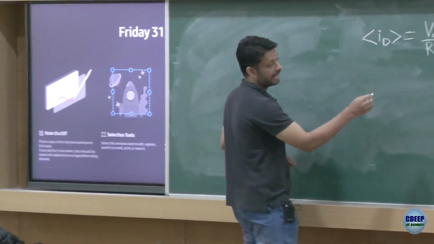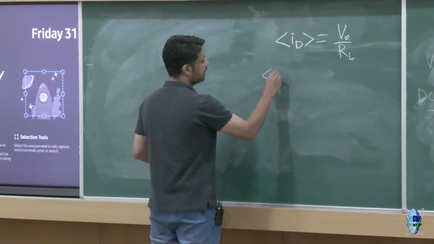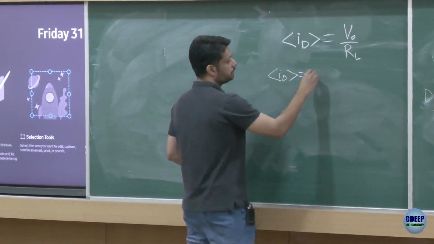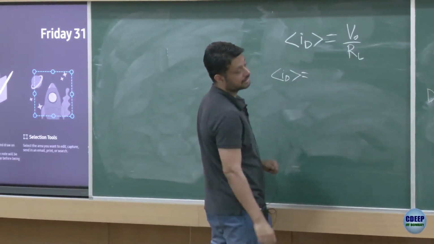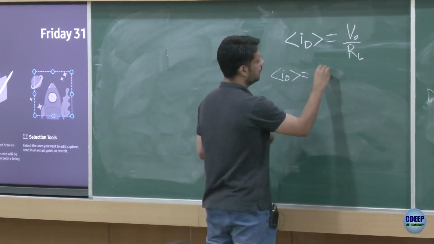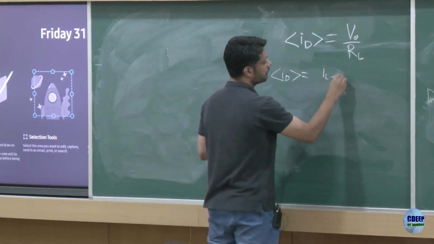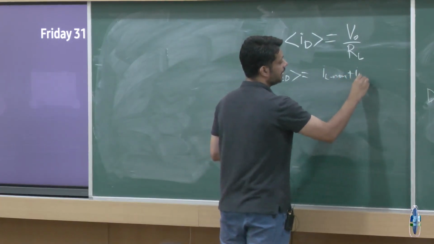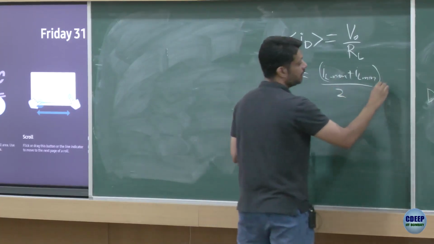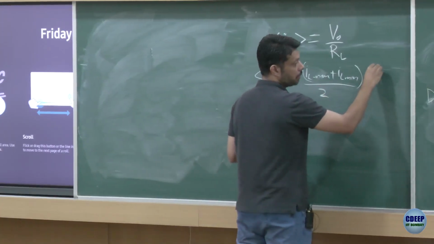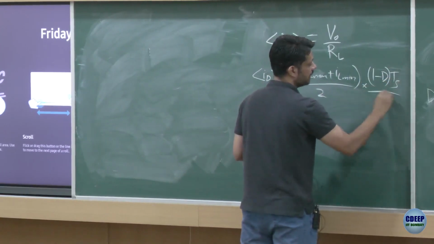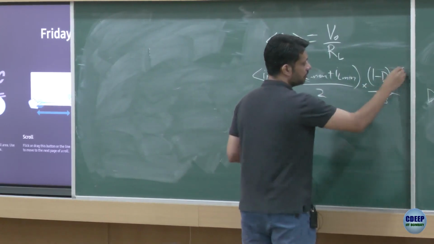Therefore, I can write the average diode current as IL max plus IL min divided by 2, into (1 minus d) times Ts by Ts, which will cancel out.